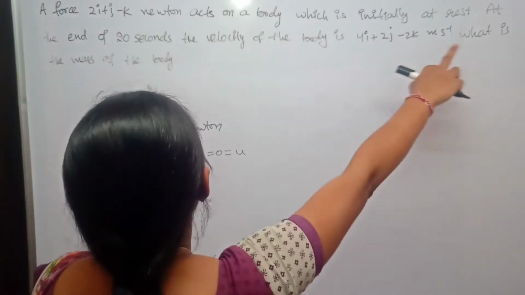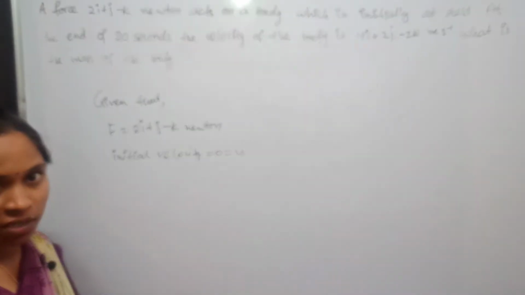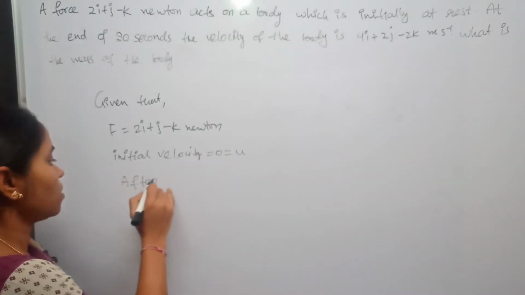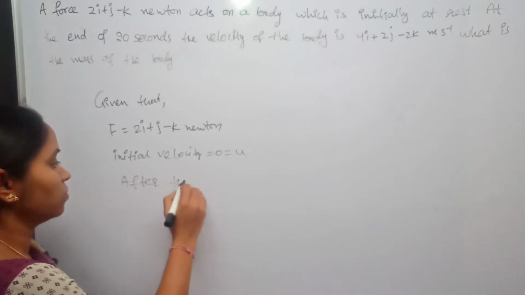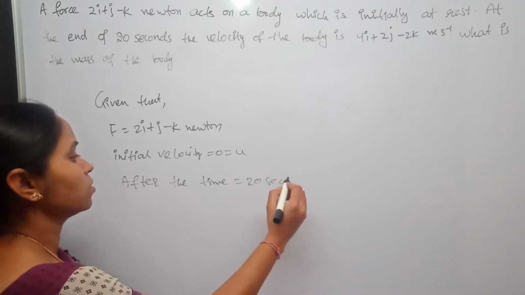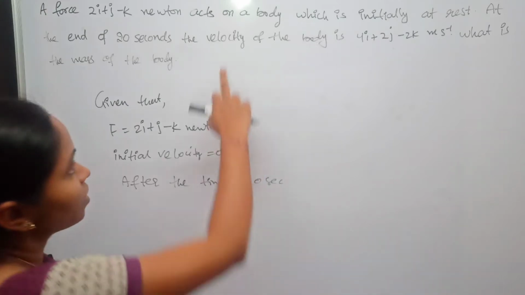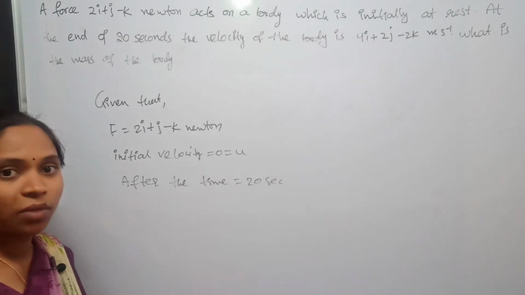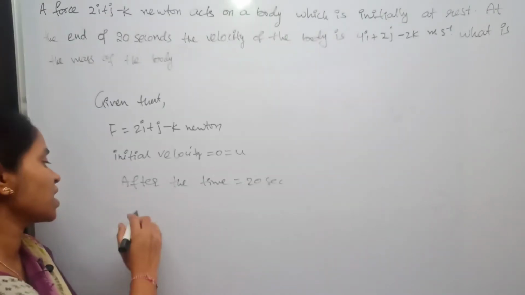And at the end of 20 seconds, what happened? The velocity of the body is 4i plus 2j minus 2k meters per second. This will be the final velocity.